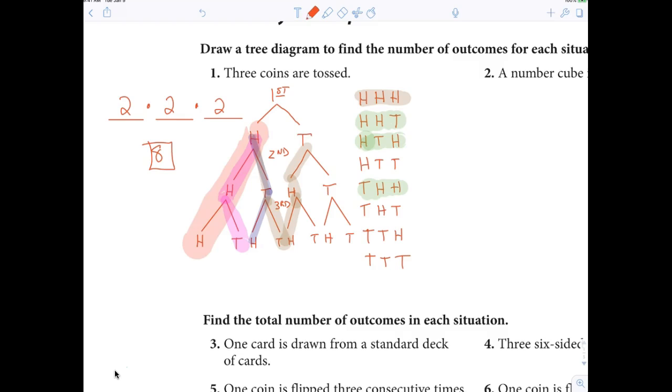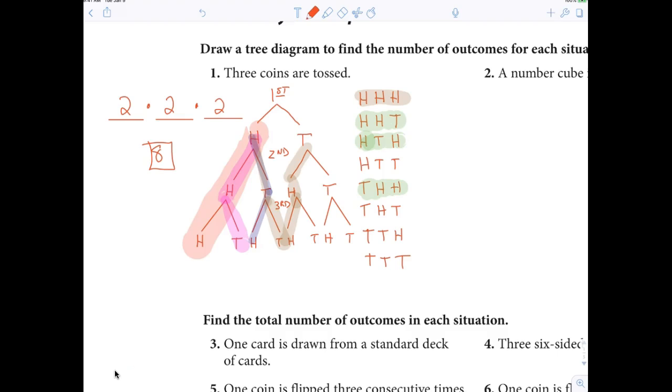We say that if it's a fair coin, it has to either be a head or a tail. There aren't options for what happens if it doesn't flip properly. So we kind of exclude those events.